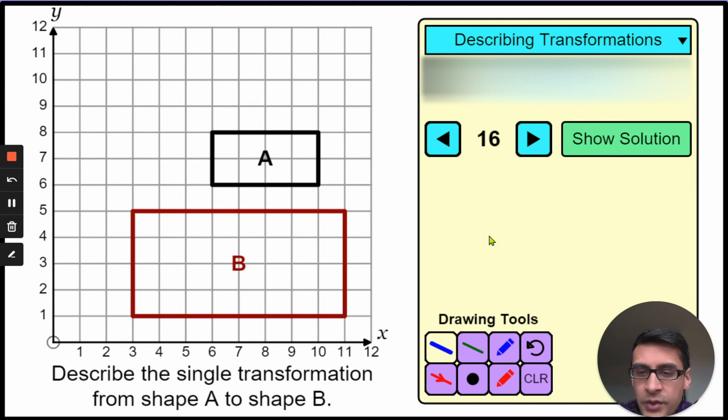Describe the single transformation from A to B. So again, we'll draw some ray lines and we can figure out where they meet. I think it's going to be down there.